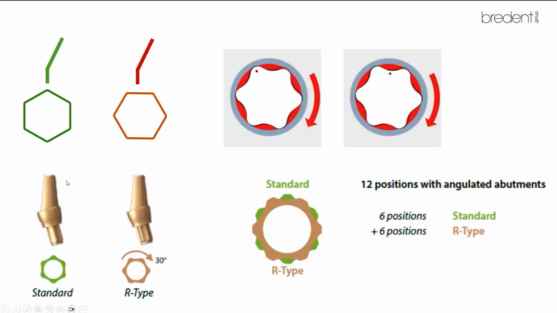So you have standard 6 positions, and if your abutment is not going right, and you feel it should be placed a little more lingually or a little more distally, then you can even select the R version. You have additional 6 positions. So this is just to explain. So 6 plus 6, you have 12 positions based on your abutment selection. I hope this is clear.